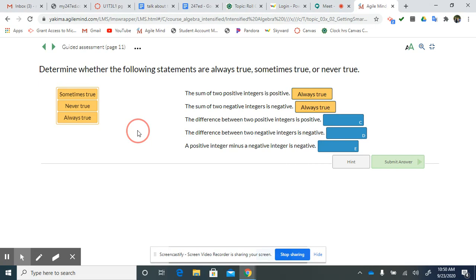Okay, the difference between two positive integers is positive. So difference, this is going to be subtracting. The difference between two positive integers, so we'll say positive minus a positive. Is the answer always positive?